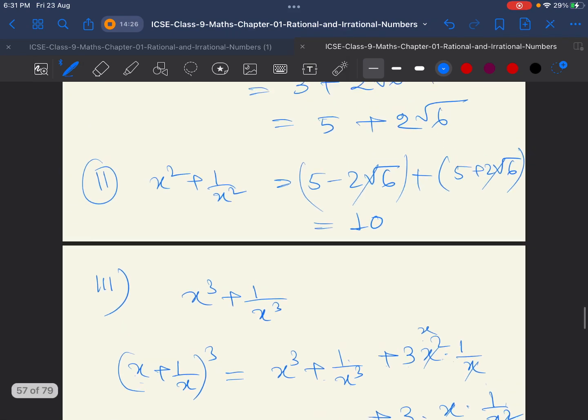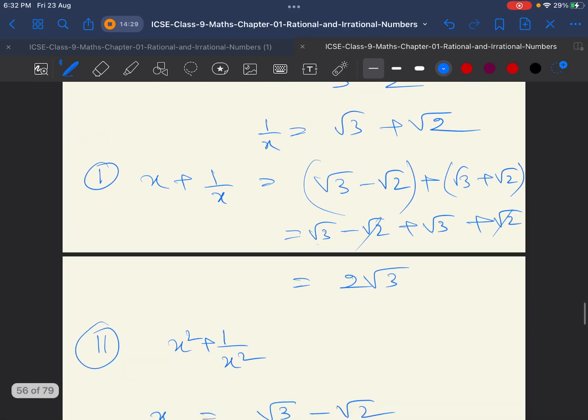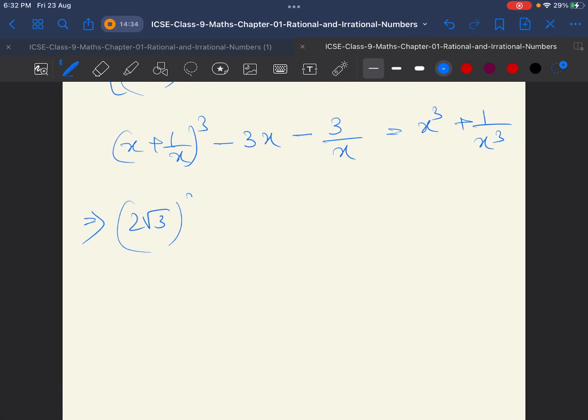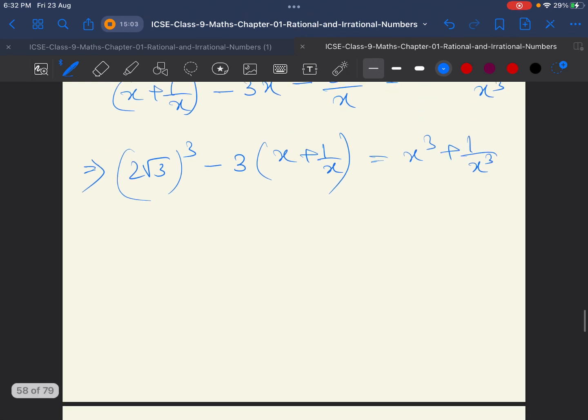Okay, so we know x plus 1 by x is 2 root 3. So 2 root 3 whole cube minus 3 into, if we take common 3, we will have in the bracket x plus 1 by x, equals x cube plus 1 by x cube.